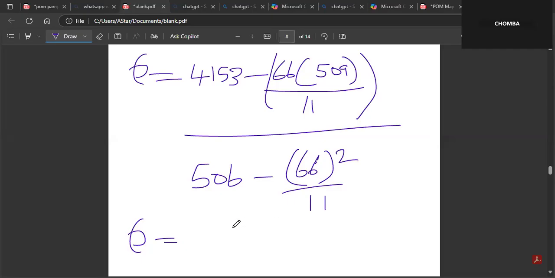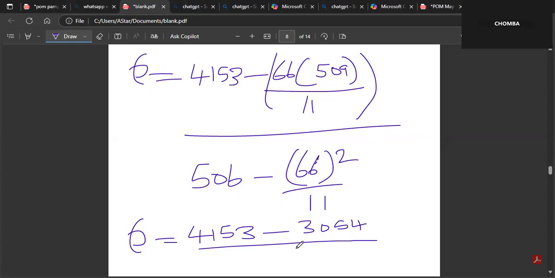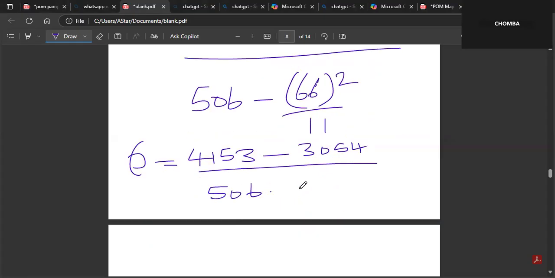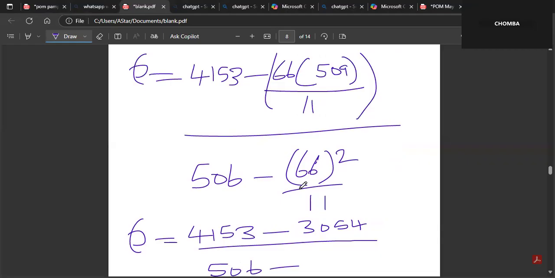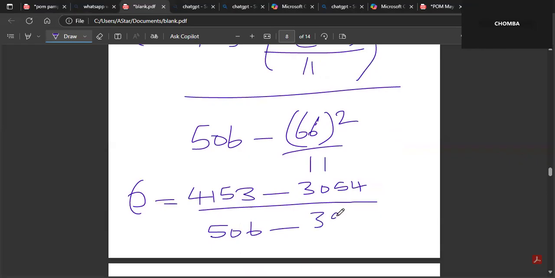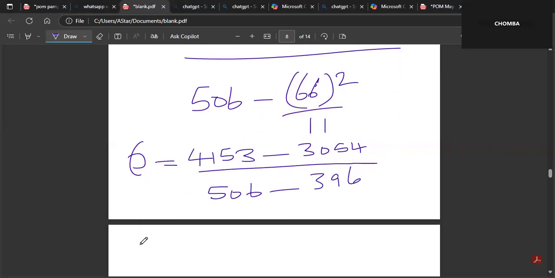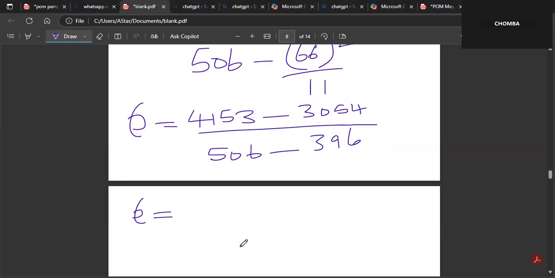Okay, let's just move together. 4153 minus 66 times 509 divided by 11 gives us 3054. 506 minus what? Oh, I've seen where I made a mistake. I wrote 5153 instead of 4153. The other variables were okay.